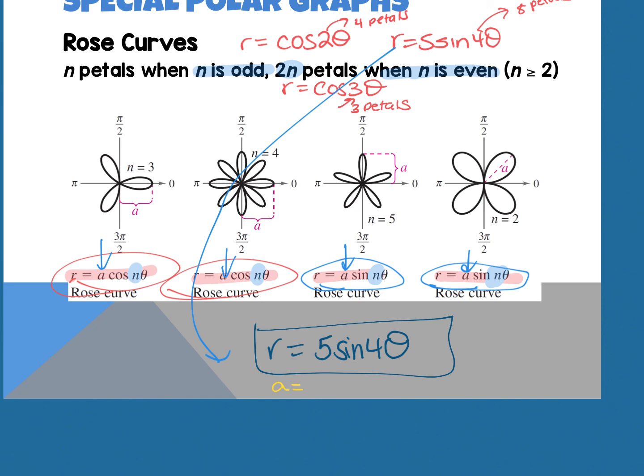The 4 determines the number of petals. That's the N. The A is on the front, right? So what's A? 5. That means the furthest the petal goes is 5.